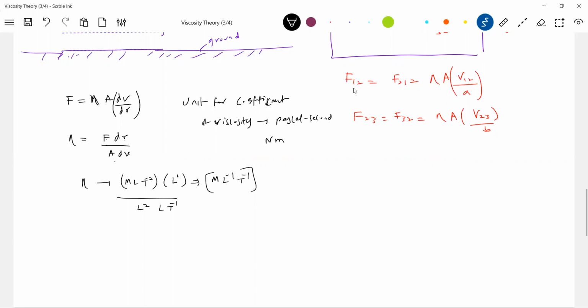It is Newton per meter square second. Newton per meter square will be the force per area, like a pressure. Second it will come, so Newton second per meter square. This will be the Pascal second. This is what we call a Poiseuille. SI unit Pascal second, or you can also call it Poiseuille.